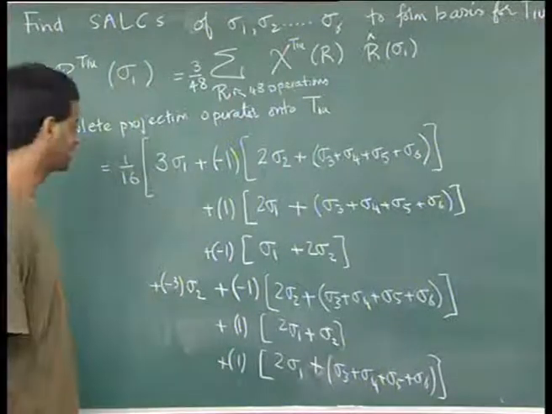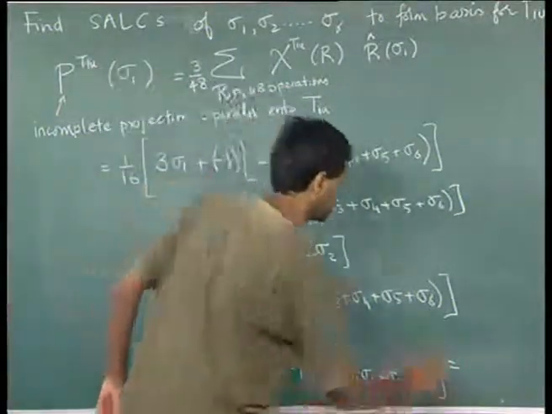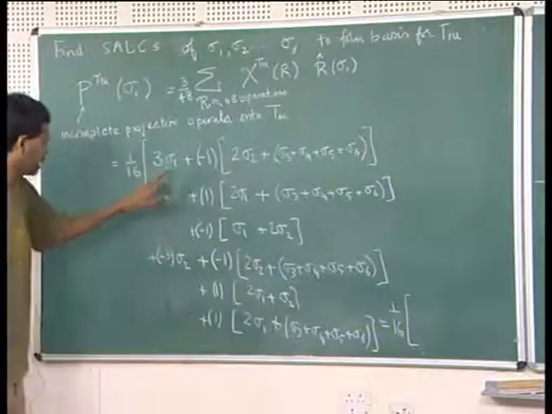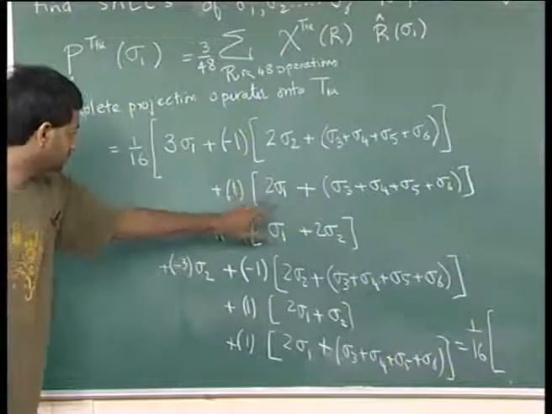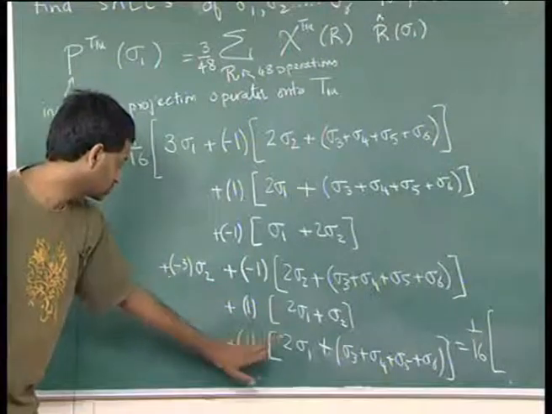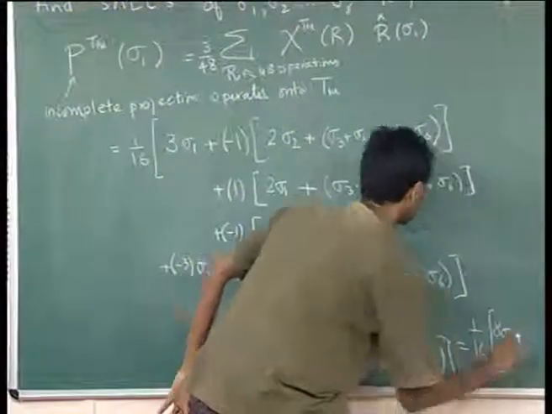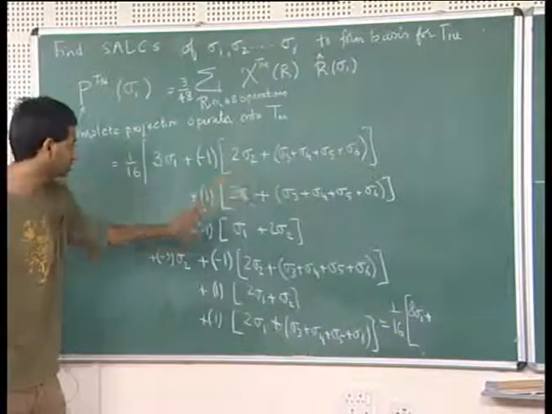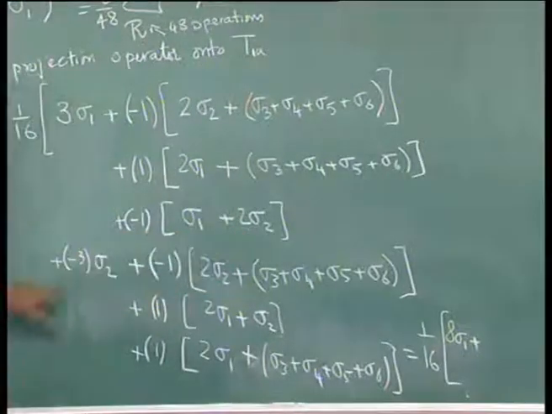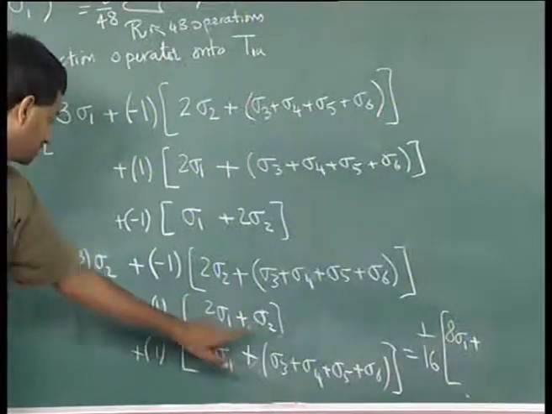We can add it all together and we can get the result. So, you have 1 by 16. Now, let us look at the coefficient of sigma 1. You have 3 plus 2, 5, minus 1, 4, plus 2, 6, plus 2, 8. So, you have 8 sigma 1. The coefficient of sigma 2 is minus 2, that is minus 4, minus 7, minus 9, minus 9 plus 1, minus 8.